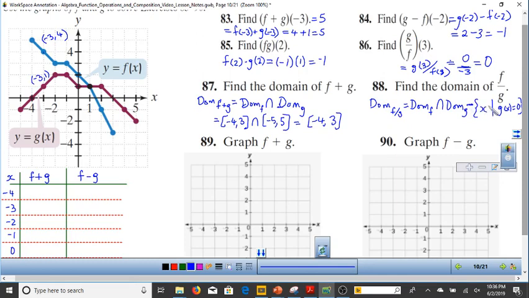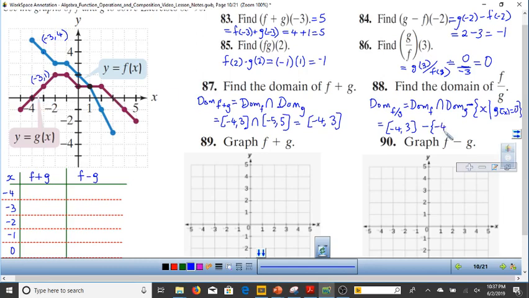So first we will determine what the intersection of the two domain regions are, which we just did, and then we will find out what values of x cause the denominator to be equal to 0. So we're talking about intersection from negative 4 to 3, because we just did it over there, minus, let's see, what values of x cause the denominator function to be 0. We have to take out negative 4, and we have to take out positive 3.